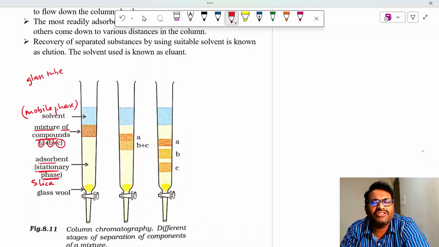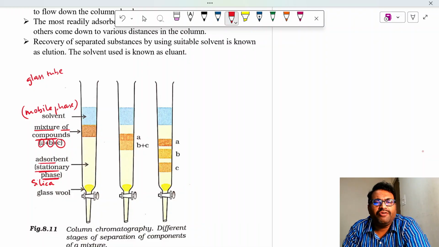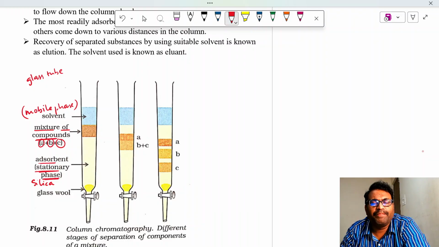A mixture of solvents also you can place here. Let us take that we are placing liquid here. Already we have studied that this solvent or mobile phase moves over the stationary phase.